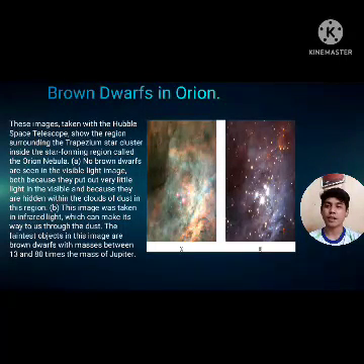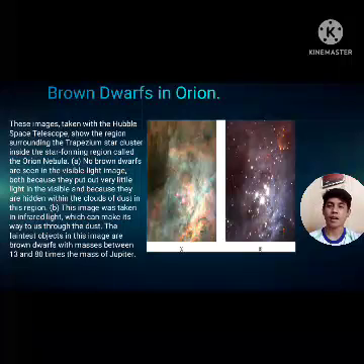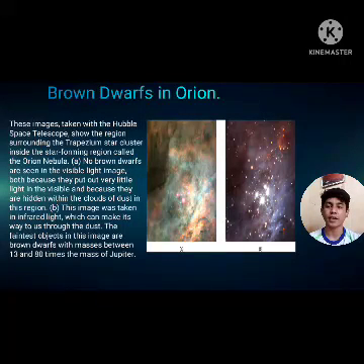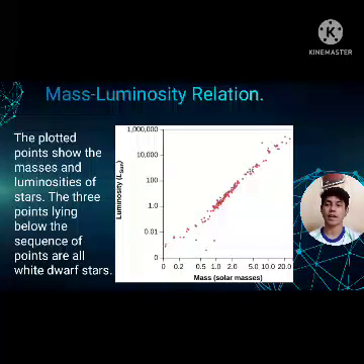Their innards, on the other hand, will never reach temperatures high enough for nuclear reactions to occur. Jupiter, for example, with a mass around 1/1000 that of the Sun, is obviously a planet. We could only discover planets in our own solar system until the 1990s, but now there are thousands of them all over the universe. Let's go to the next slide.